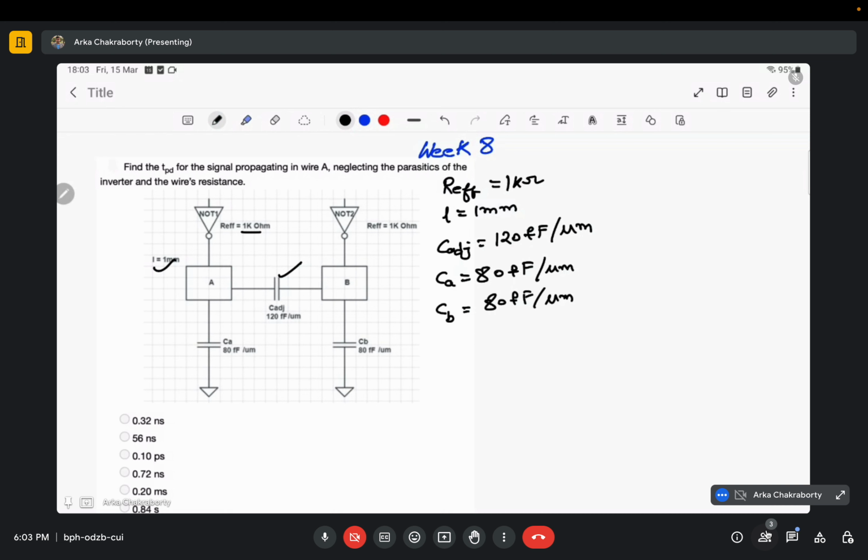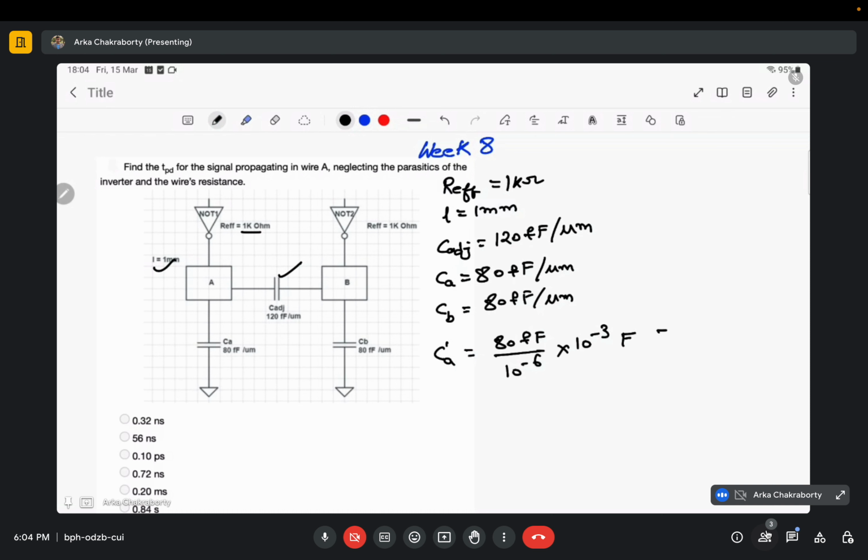Now, as the length of the wire is given as 1 millimeter, the net Ca would be: if 1 micrometer length constitutes 80 femtofarad, then 1 millimeter would constitute a capacitance of 80 femtofarad times 10 to the power minus 6 into 10 to the power minus 3 farads.